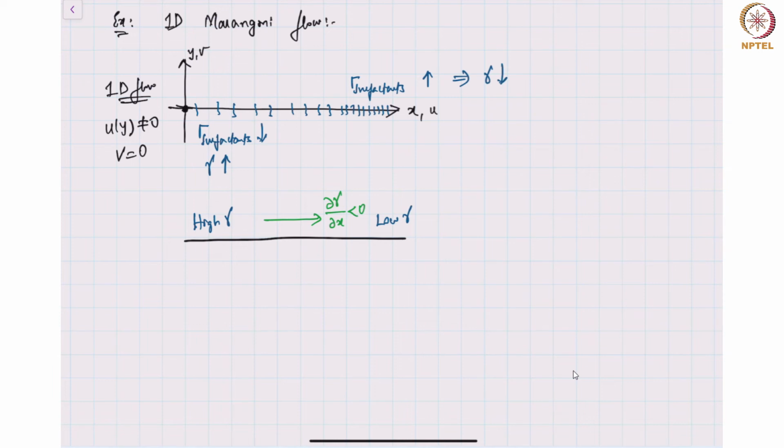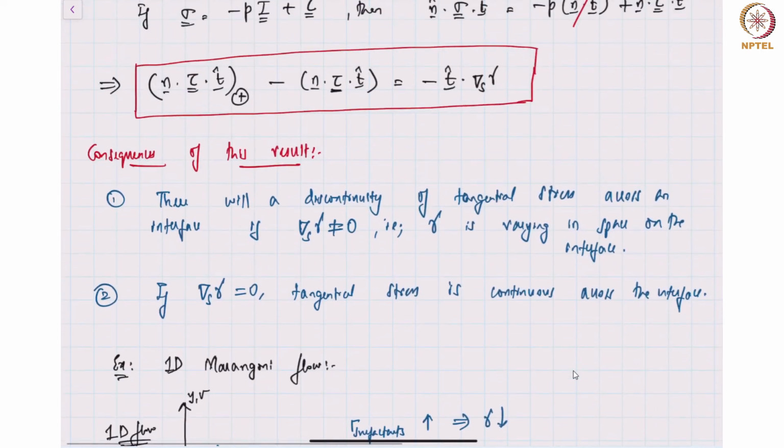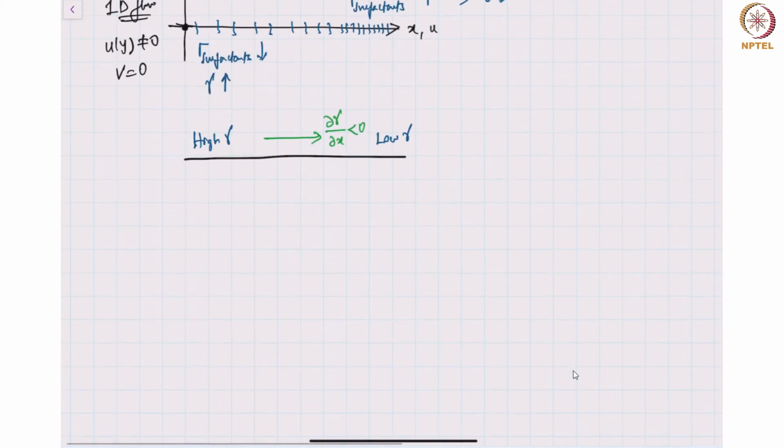Now let's look at the tangential stress boundary condition. This is a simple 2D flow. U is a function of y, right? So n hat in this case is nothing but e_y, the normal vector vertically in the y direction, and t hat is nothing but e_x.